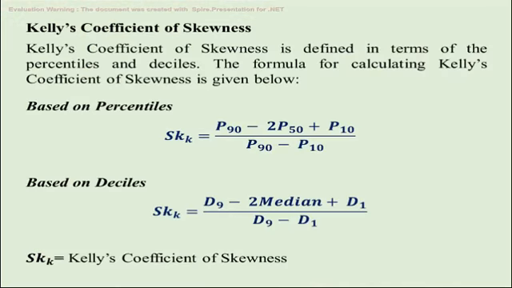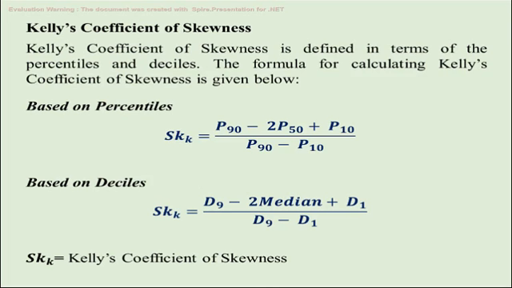The third method for measuring skewness is Kelly's coefficient of skewness. Kelly's coefficient of skewness is defined in terms of the percentiles and deciles. The formula on the basis of percentiles is: 90th percentile minus 2 into 50th percentile plus 10th percentile, divided by 90th percentile minus 10th percentile.